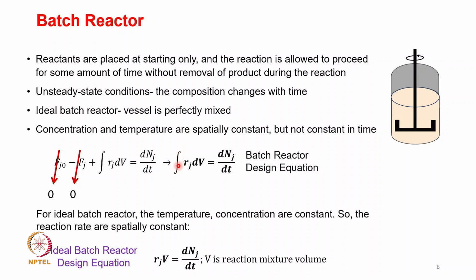In short, the batch reactor design equation includes the integral of Rj dV for the j component, which is equal to dnj by dt.